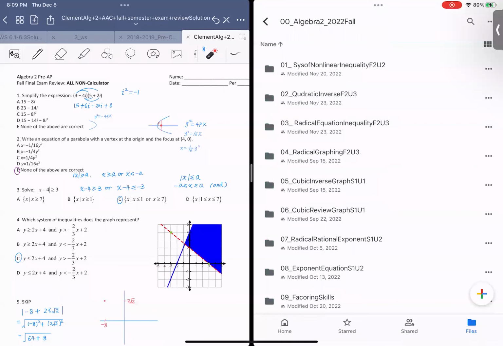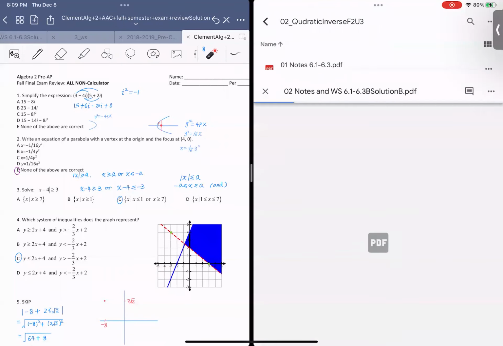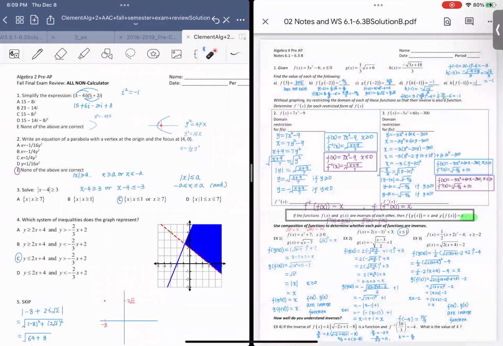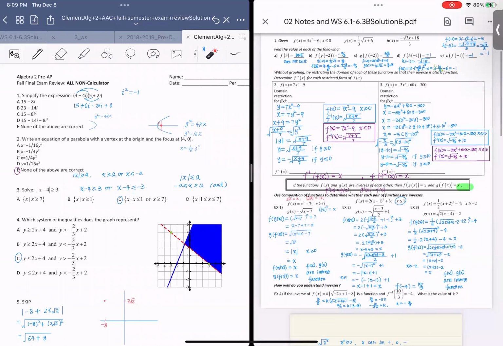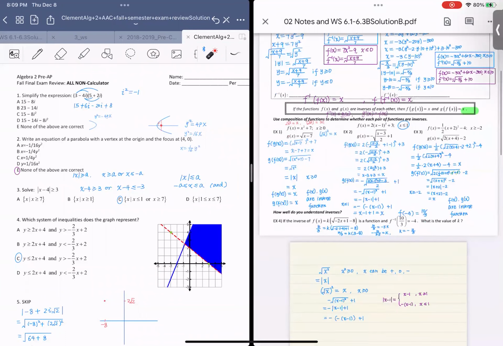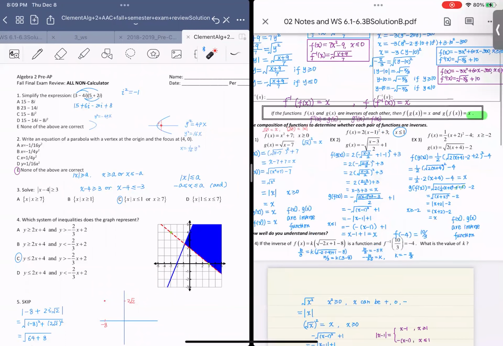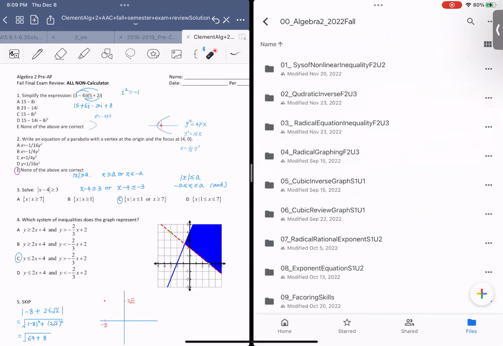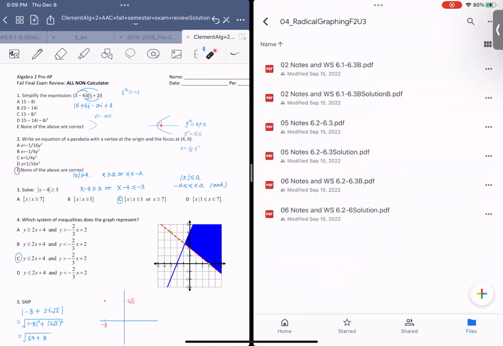In this fall, the first major thing we do is those inverse. I believe Dulles had this test last Friday. Clemens has the test today, right? For this quadratic inverse. And then the radical graphing.